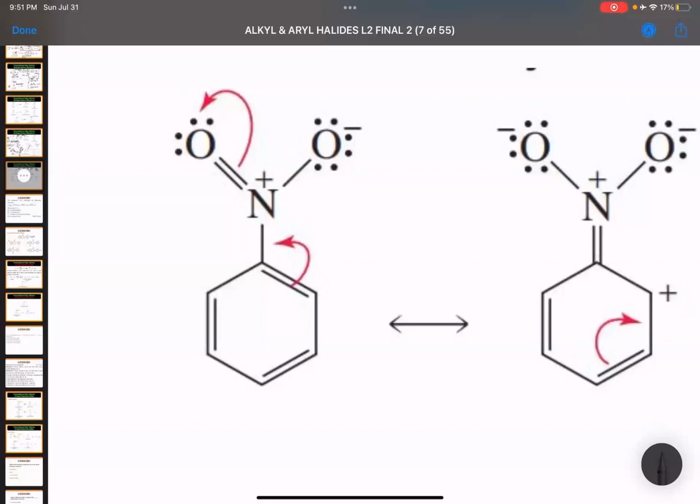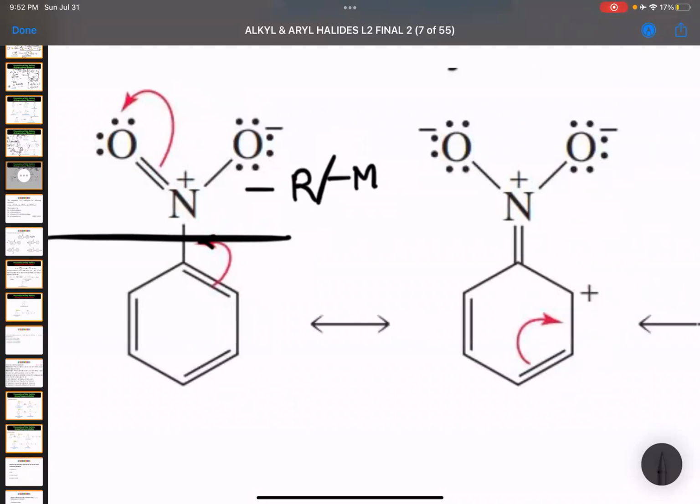So this plus will pull the electron density towards itself. So I have moved this electron density out, and this is known as the minus R effect or minus M effect. Minus R or minus M means the electron density is being pulled out by resonance. Okay, with charge, this pi electron which is there inside, it will go like this.